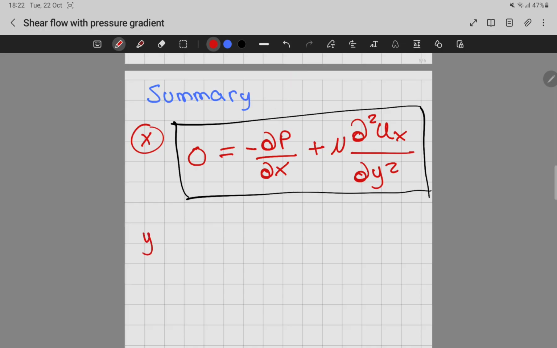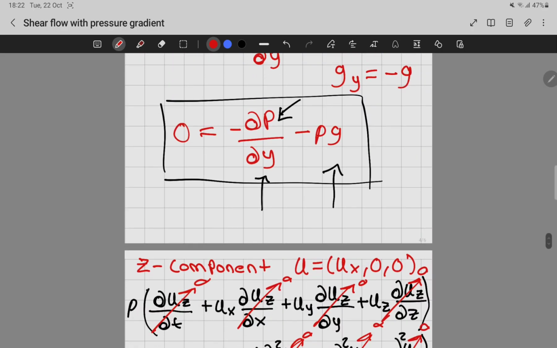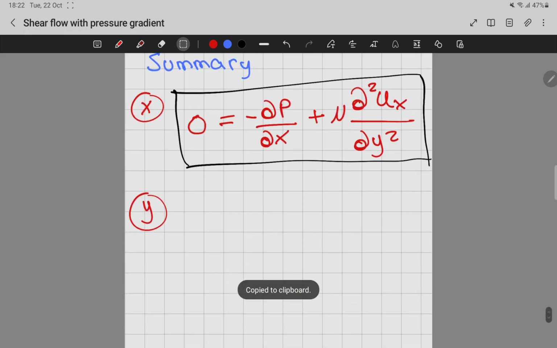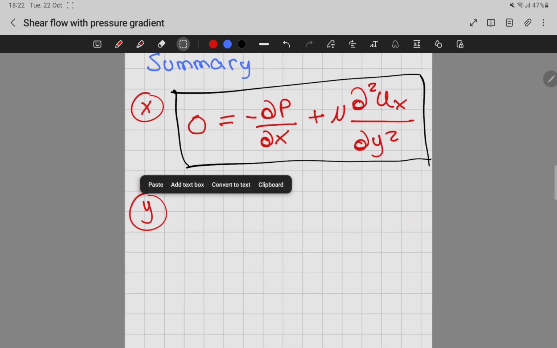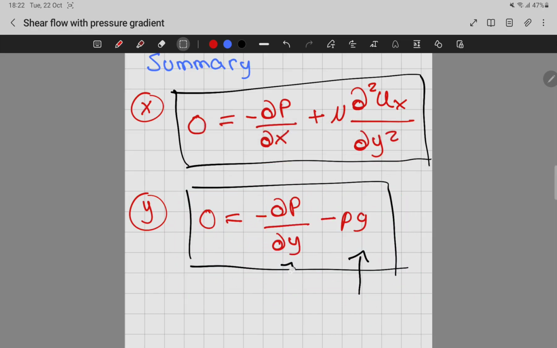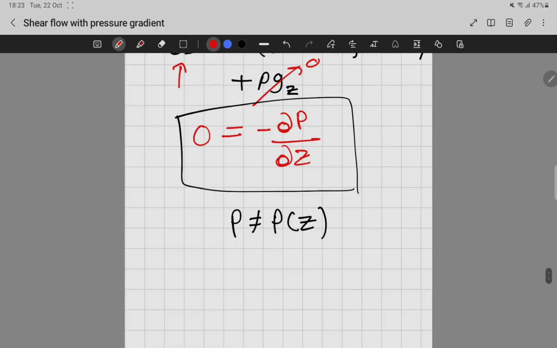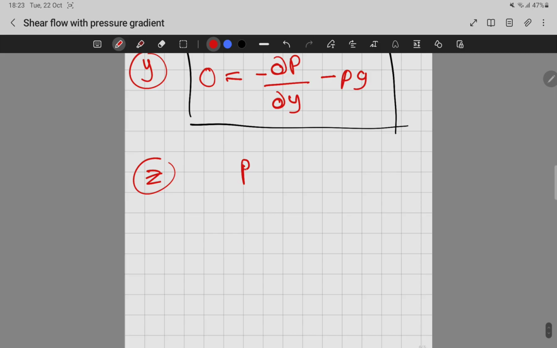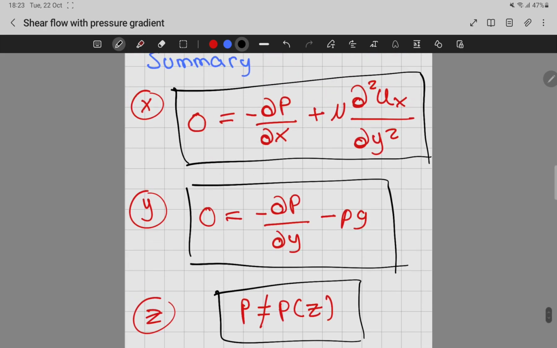In y, we have the hydrostatic equation, which is a balance of forces in vertical direction. And then in z, we obtain this equation that is telling us that the pressure is not going to vary in z direction. So this is our simplified system of equations.